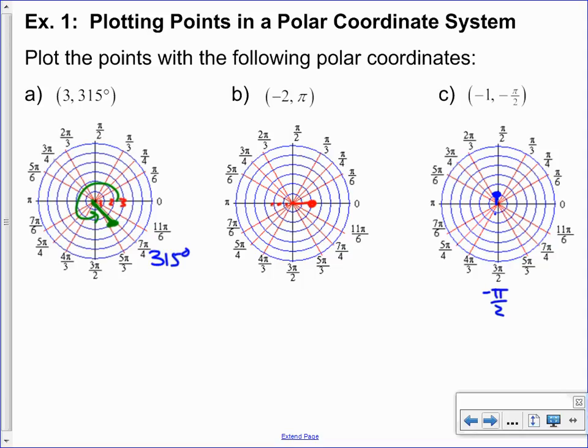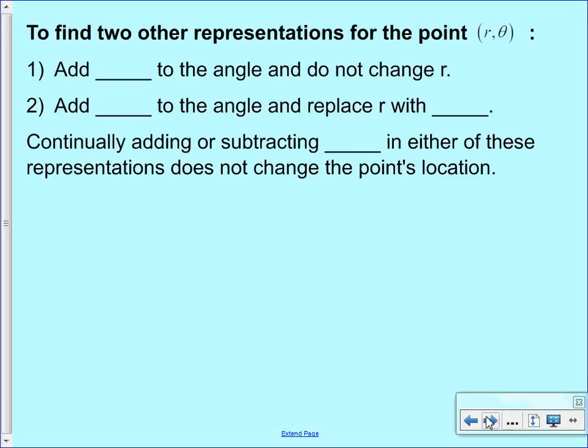Let's do some conversions. Since it's polar, it goes round and around and around, right? How do you find another point that has the same radius and same terminal point? There it is, 360 degrees, and in radians that is 2 pi.